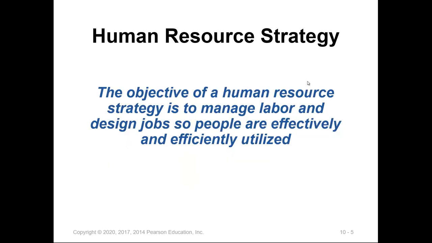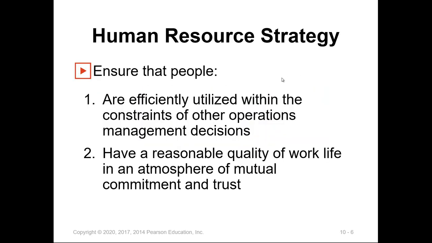So the human resource strategy in operations management is for managers to manage labor and design jobs so people are effectively and efficiently utilized in the human resource area. Managers will identify the required skills and assign tasks based on these skills to increase the throughput of the system with the required quality.